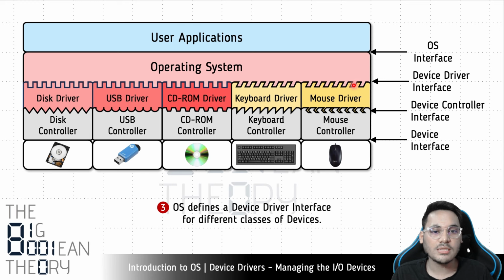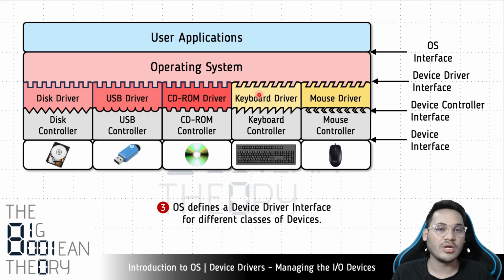So the keyboard driver and the mouse driver have to bridge the gap between the keyboard controller interface and the mouse controller interface respectively to the character oriented interface that the operating system has defined, right? This is different from the block oriented devices.